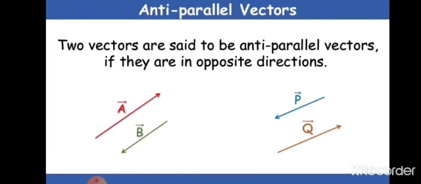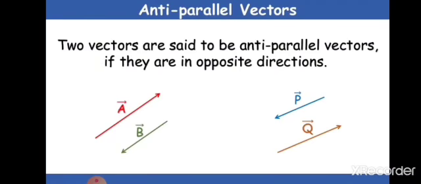Anti-parallel vectors. The name suggests it is exactly opposite to parallel vectors. Two vectors are said to be anti-parallel vectors if they are in opposite directions. They are parallel to each other but their directions are opposite. Here vector A and vector B are in opposite directions.